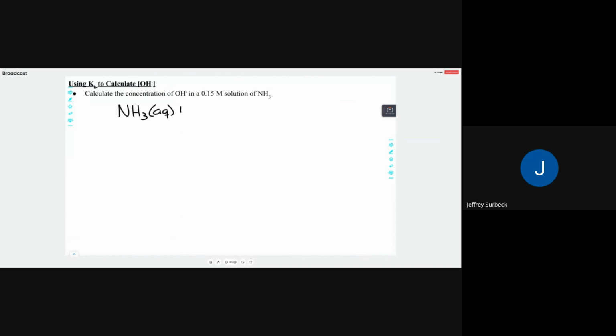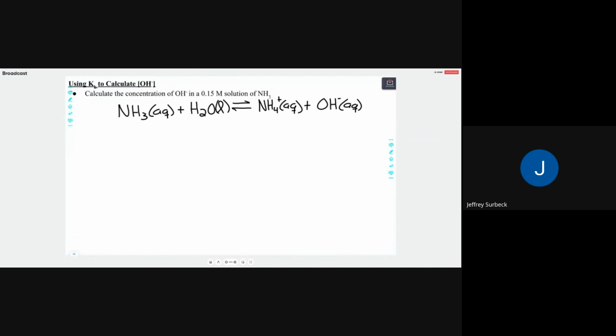Then we have this combined with water, H2O, that's a liquid there. Water acts as our acid, so it gives away one of its H's, and we end up with NH4 with a 1 plus. That's aqueous. And we end up with our OH 1 minus, which is also aqueous. Okay? So we have our setup.